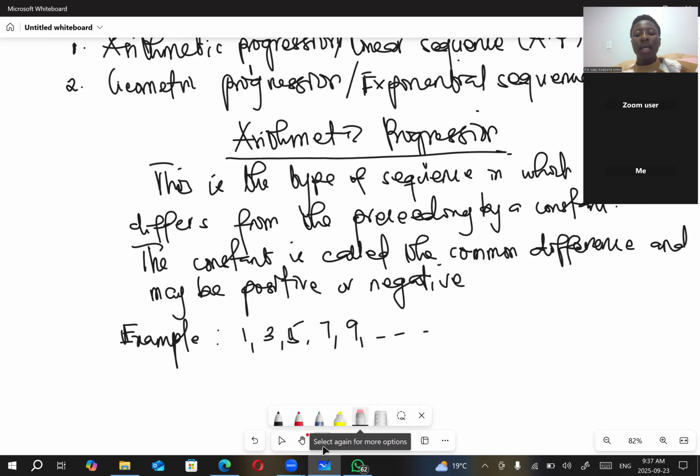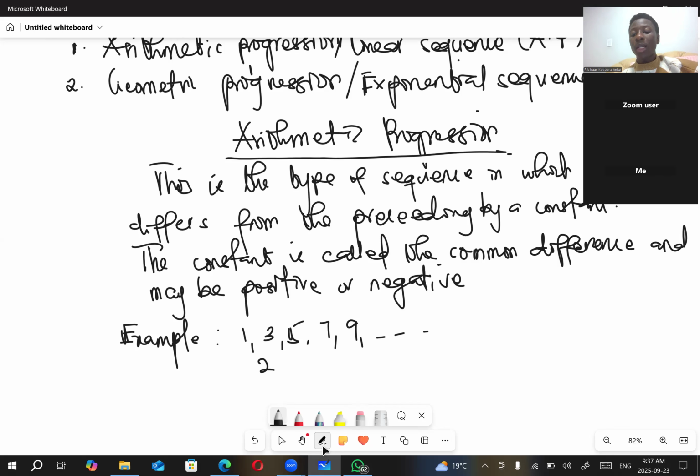What it means is that before you move to 3, 2 was added, isn't it? So the constant is 2, right? 3 differs from the preceding term by what? 2.